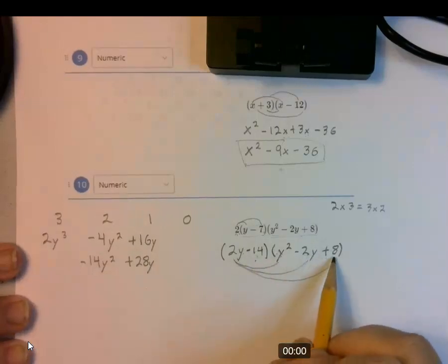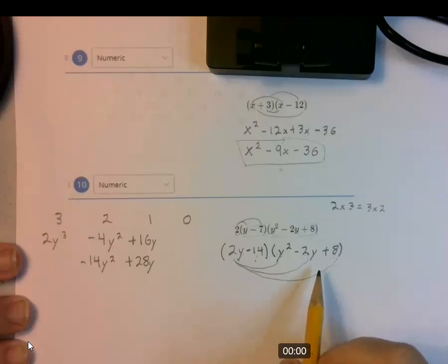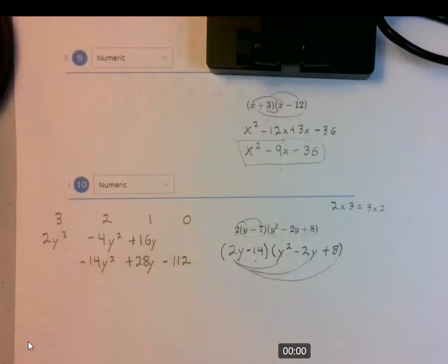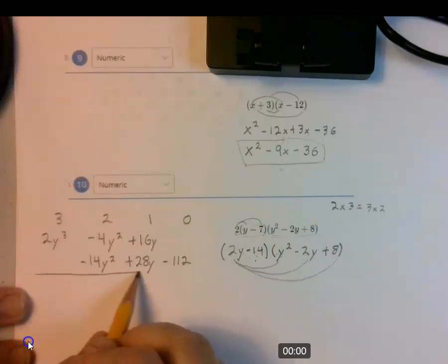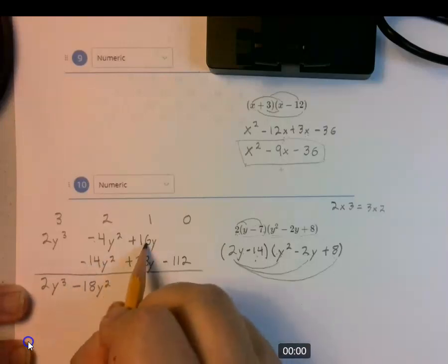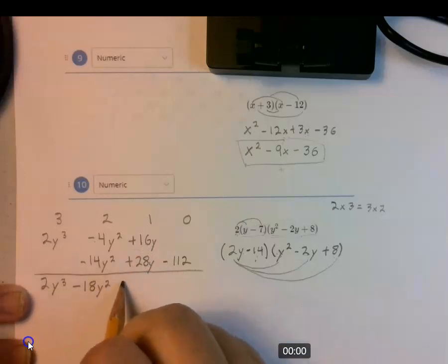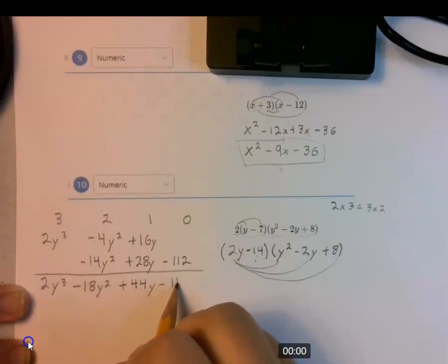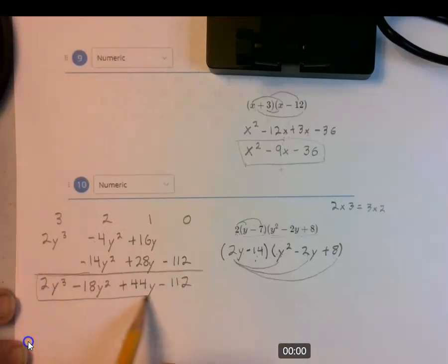And then negative 14 times negative 8, do that one on a calculator, but I'll tell you that's going to give you negative 112. Okay. All right. So now what we do is just add the columns. Minus 4, minus 14. And there's your answer.